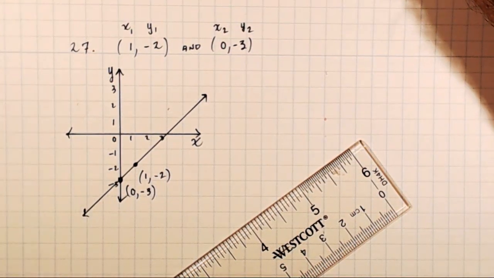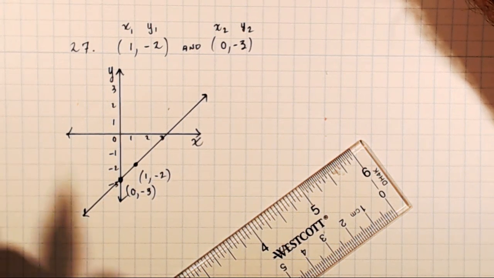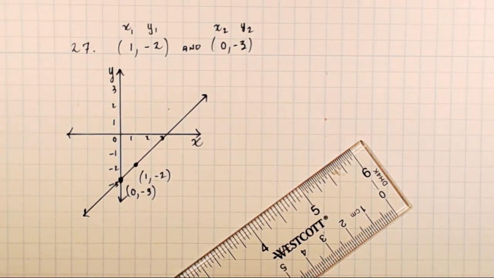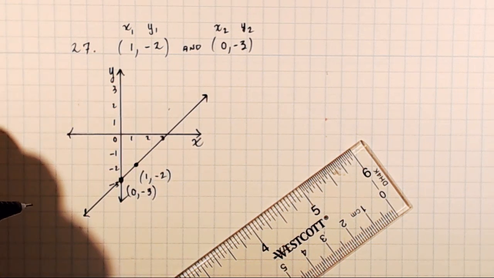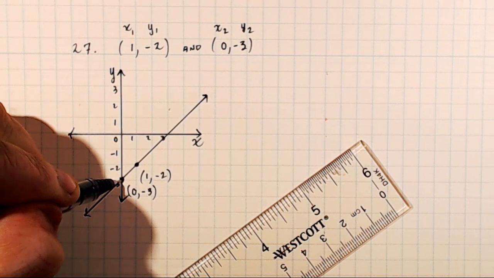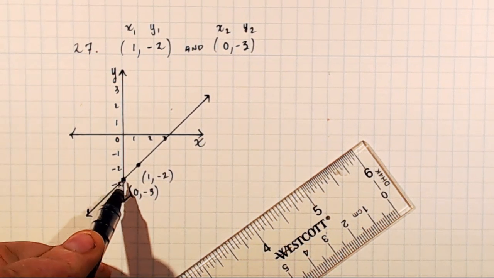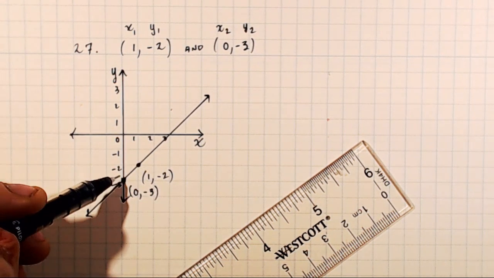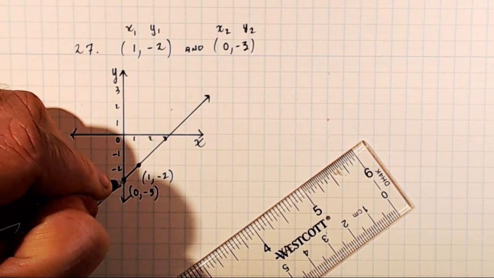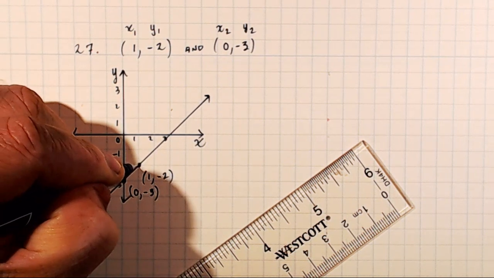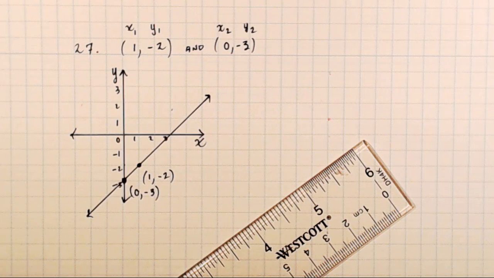So take a look at that visually and tell me what the slope is. Well, if you didn't know where to start, you could start at really either point that you were given. Here we'll start here at the y-intercept. Okay, that's the y-intercept, 0 comma -3. We'll go up 1 and over 1 to get to that other point.